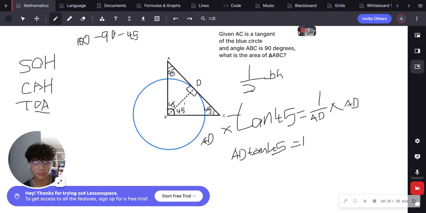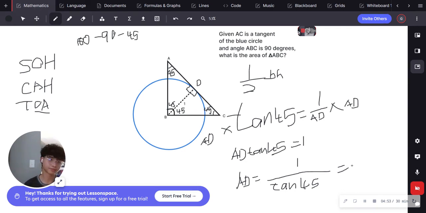Then we divide both sides by tan 45 and we get AD equals 1 over tan 45. And we plug that into our calculator and we will get 1. So AD equals 1, then we can assume that DC equals 1, because both sides are congruent. And now the whole length AC equals 2.